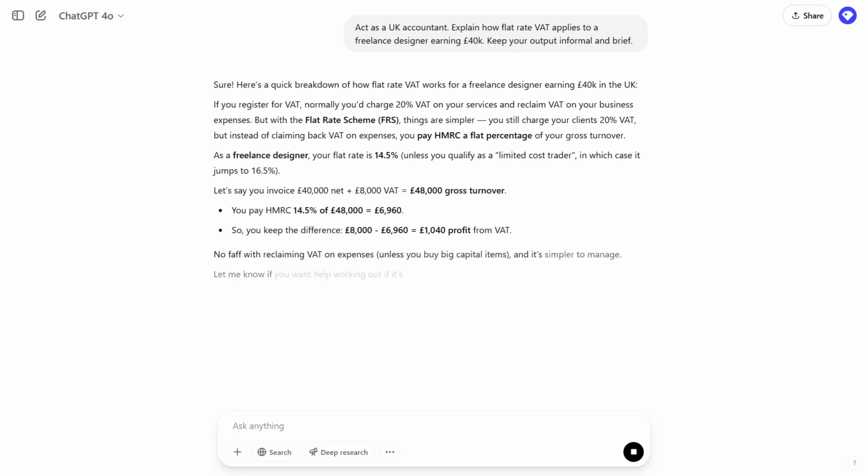It's giving us a breakdown of earnings. It's understanding that. It's now giving us a calculation of what it means. Now, of course, we need to double check the information here, but it's given us a far better response there. It's understood the context and it's provided us with some specific outcomes.